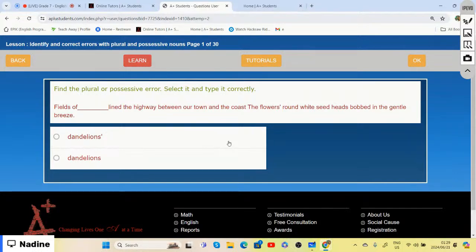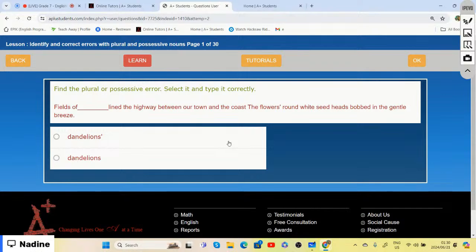Do we say fields of option one, dandelion's, or option two, dandelions, lined the highway between our town and the coast. The flowers' round white seed heads bobbed in the gentle breeze.